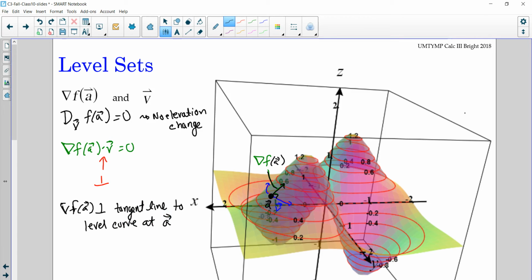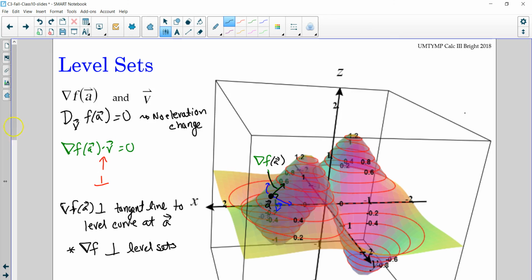So if I look at the tangent line at that point that points in the direction of the level curve, the gradient vector is going to be perpendicular to it. And really the big takeaway here is that the gradient of f is going to be perpendicular to level sets.